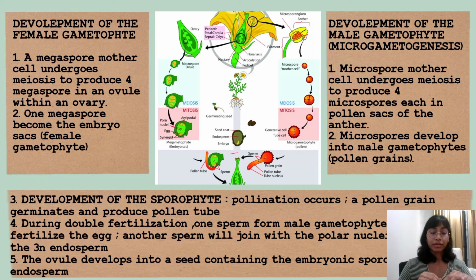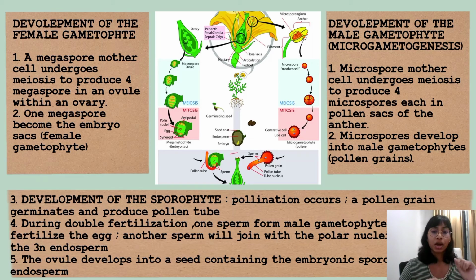For the sporophyte, it has a development in which pollination happens. And what happens during pollination? The pollen grain will germinate and produce a pollen tube that will grow down the style towards the ovary, and it penetrates the ovule. And here, double fertilization will occur. Why is it called that?